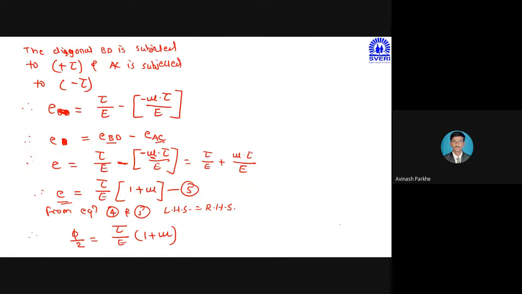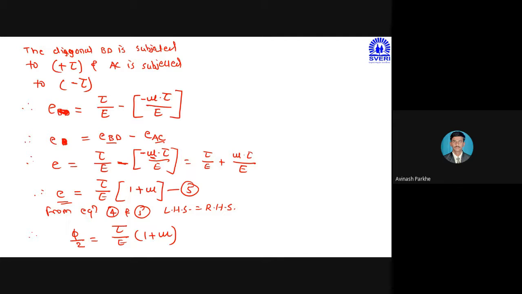Then if I have to calculate the correct strain induced in the diagonal BD, the correct strain means the strain induced along diagonal BD minus the strain induced along diagonal AC.